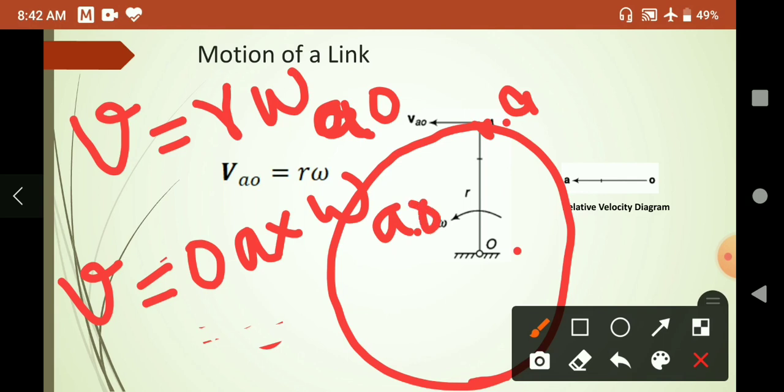Okay, this can be OA or AO, so to avoid confusion, I am going to write it as capital AO itself.